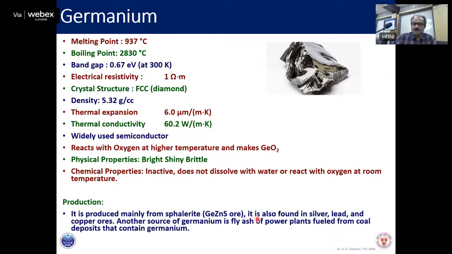It is also found in silver, lead, and copper ores. Another source of germanium is fly ash of coal-fueled power plants, and deposits that contain germanium.